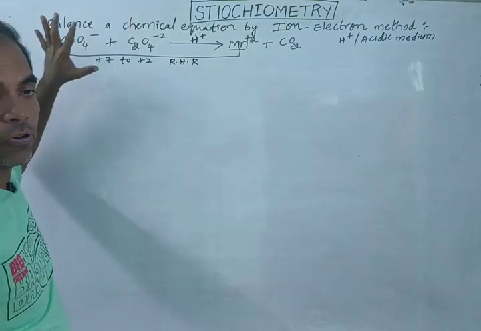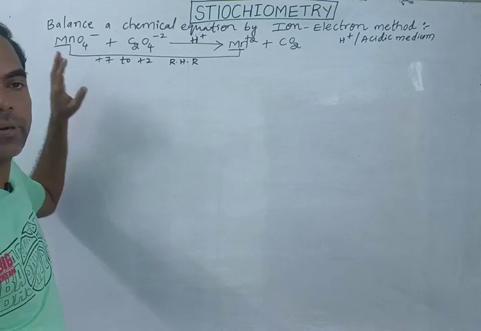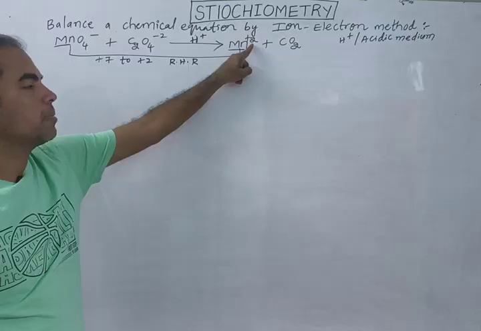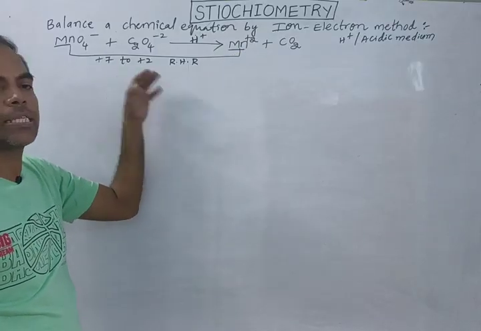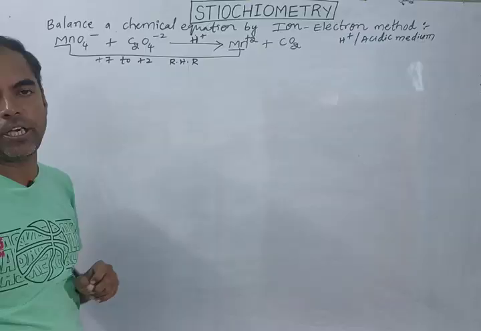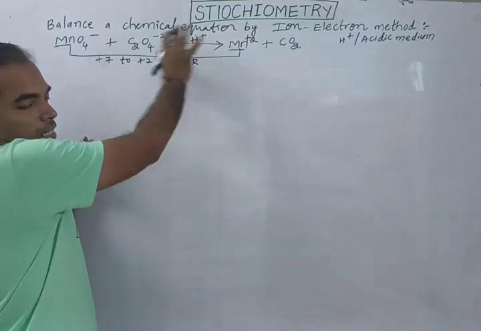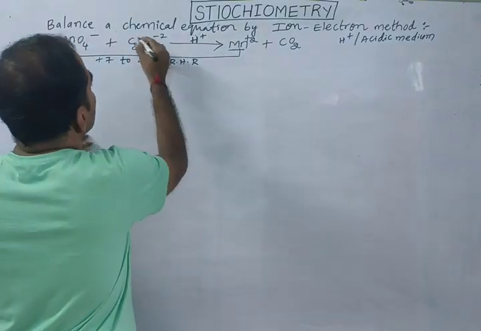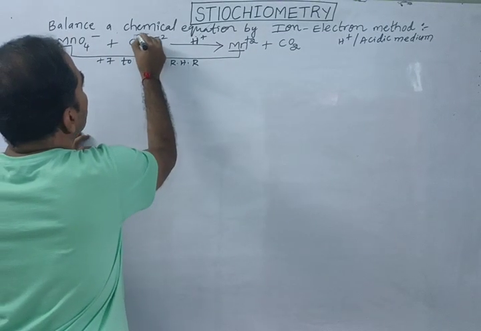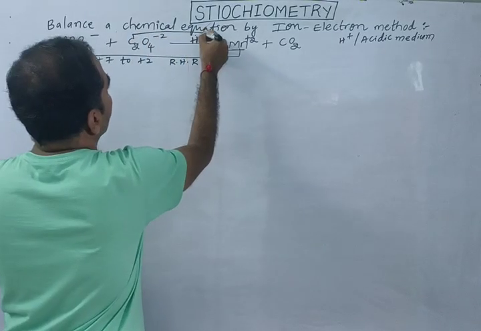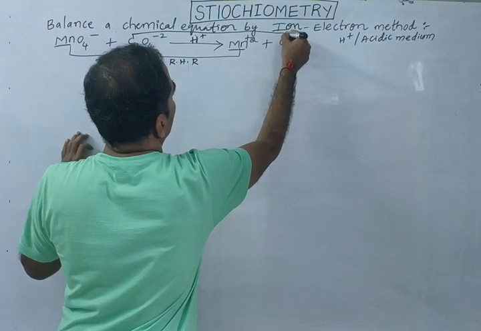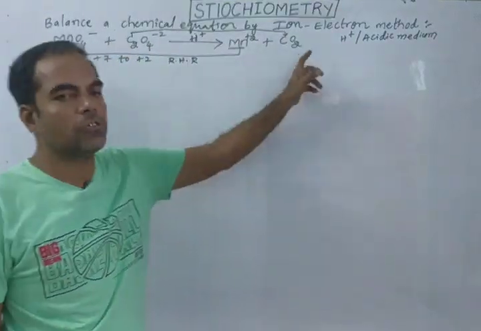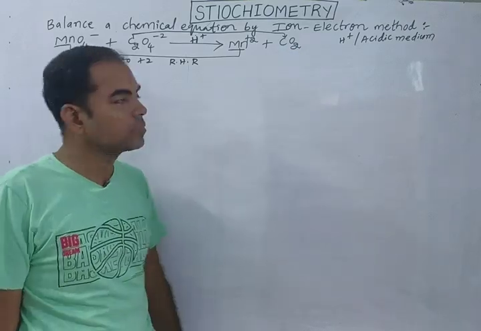In MnO4 minus ion, the Mn oxidation number is plus 7, whereas in Mn 2 plus ion the oxidation number is plus 2. Plus 7 to plus 2 means a decrease in oxidation number, so reduction. Now the other one is oxidation. Here C2O4 2 minus ion and here CO2. Find the oxidation number of carbon. In CO2, the oxidation number of carbon is plus 4.